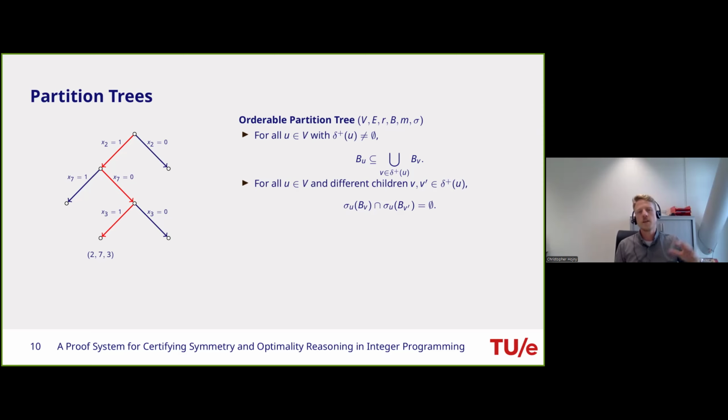Let's forget about this sigma maybe first. If I take the feasible regions at two child nodes, they are not allowed to overlap, which is exactly what happens in branch and bound. So we split the problem into two subproblems. And with this map sigma_U, we also allow for some reshuffling and to focus only on some part of the feasible region, so that we, for instance, get rid of some parts of the solution vectors if they are not relevant for us.